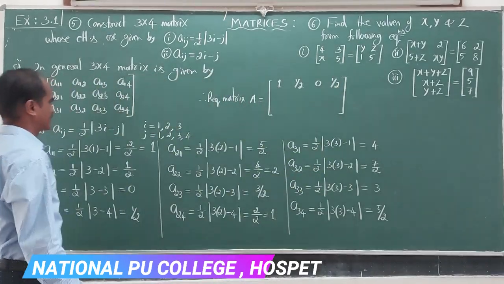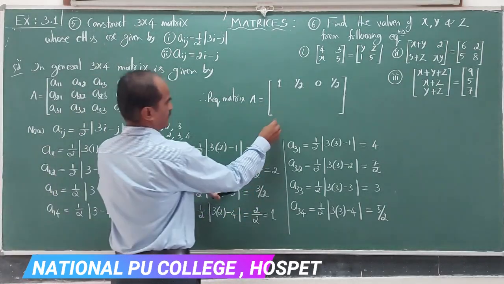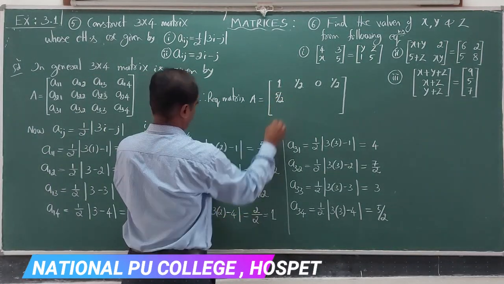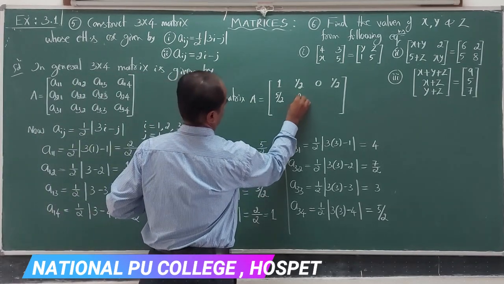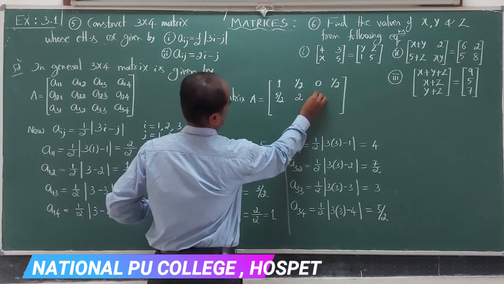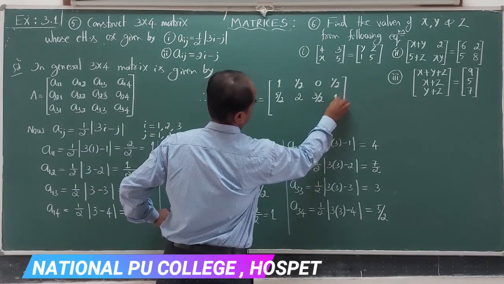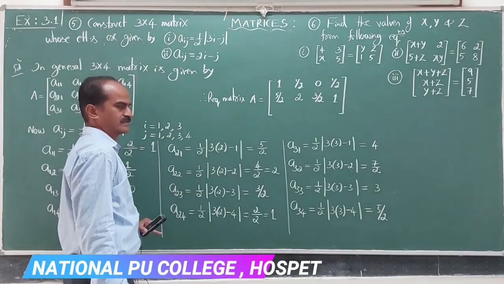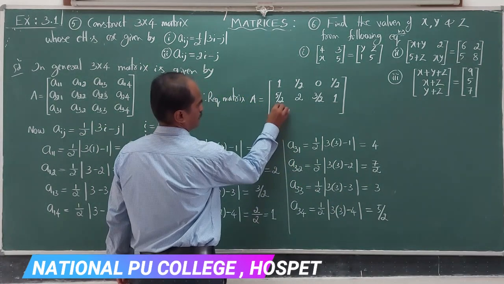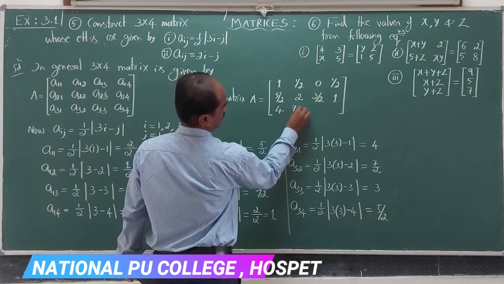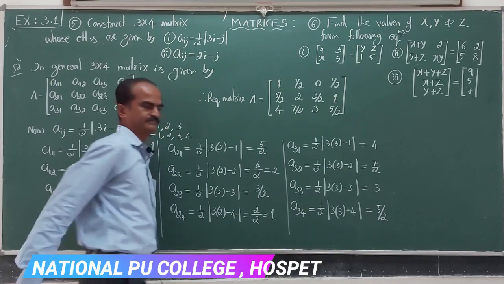First row elements. Second row elements, here they are 5 by 2, A22 is 2, A23 3 by 2, A24 1. Third row elements, that is A31, A32, A33, A34. Here they are: 4, 7 by 2, 3, 5 by 2.